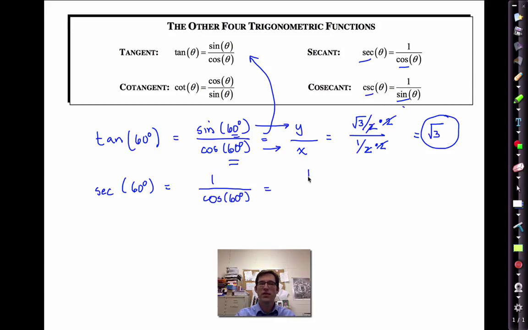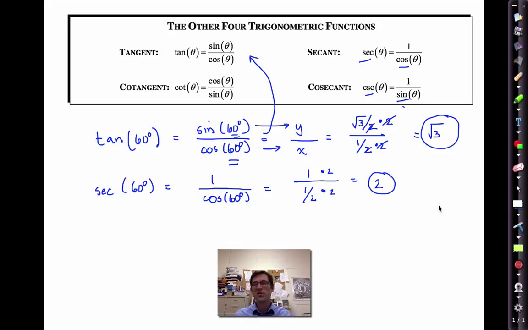But I could look at that unit circle, and I would see that the cosine of 60 degrees was 1/2. So I'll multiply top and bottom again by 2, and I'll find that the secant of 60 degrees is 2. So the most basic thing that you've got to be able to do with the tangent, the cotangent, the secant, and the cosecant is to be able to do that.